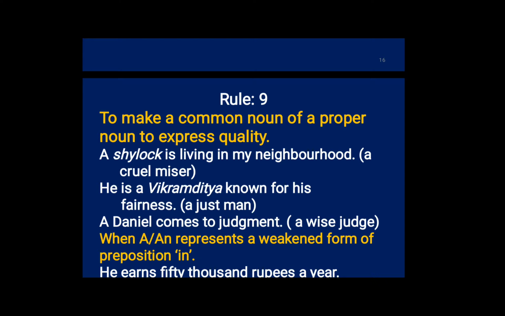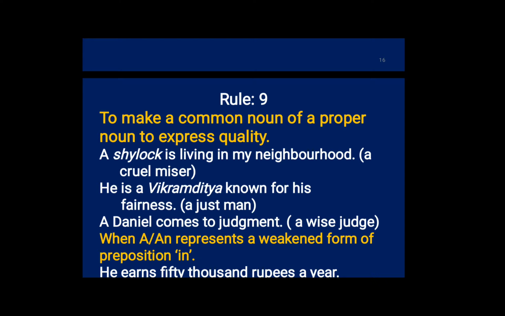Here we are using the word Shylock, which is actually a proper noun, but to make a common noun of it, to express the quality of such persons. A Shylock is living in my neighborhood.